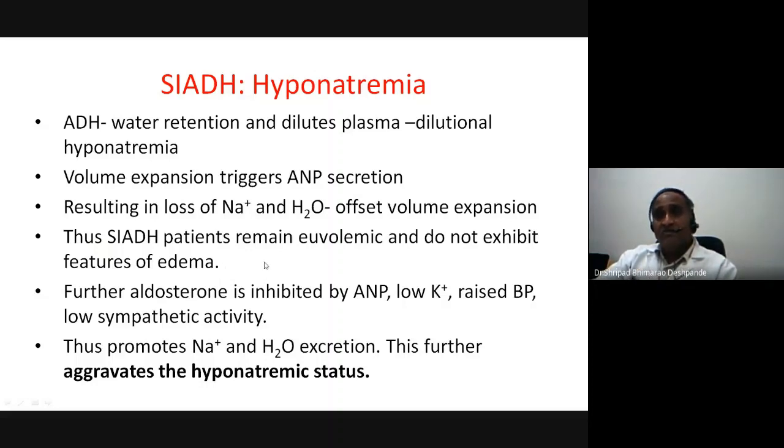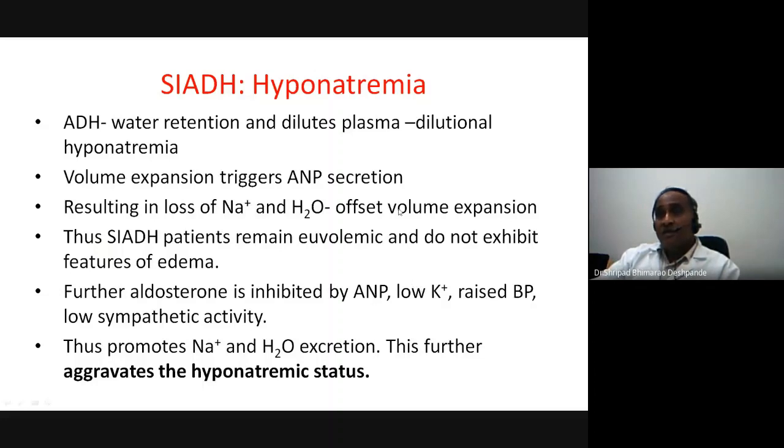Further, what happens? The aldosterone remains silent. Aldosterone is not activated. Here I have used the word inhibited, but rather, it is better to say it is not activated, because ANP inhibits the aldosterone secretion from the adrenal cortex.